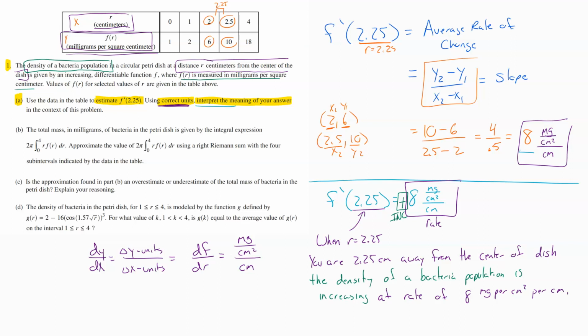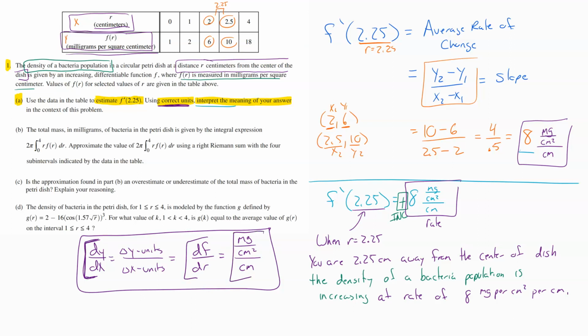That's where you have to have a method for putting together your units, because sometimes it's nice and easy. Sometimes they're talking meters per second, miles per hour, something you're comfortable with. In a problem like this, they were talking about milligrams per centimeter squared per centimeter. The only way I would ever get to that is by starting with something I'm familiar with, turning it into the language of the problem, and then using those units the same way. It's y units over your x units.